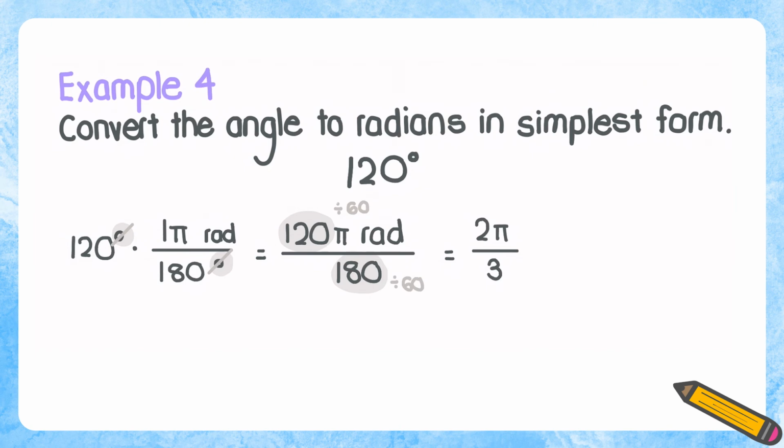So we converted from 120 degrees to 2 pi over 3. Think back to example 3, where we worked with 60 degrees. Notice how 120 degrees is double that amount. Notice how even in the radians, we doubled from pi over 3 to 2 pi over 3.